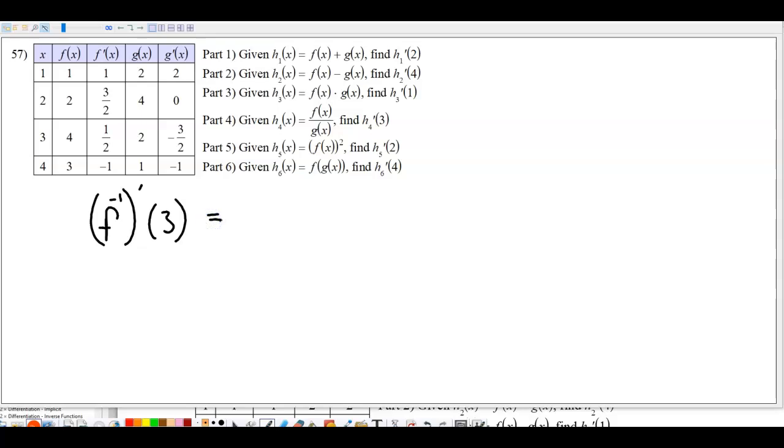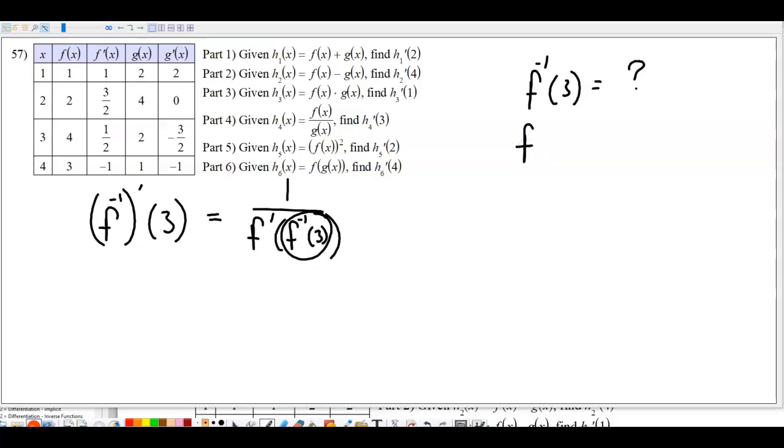When you're taking the derivative of an inverse, it's 1 over f prime of f inverse of 3. So I want to know what this is first. What is f inverse of 3? Well, if f inverse of 3 equals question mark, that means f of question mark equals 3. That's the definition of an inverse.